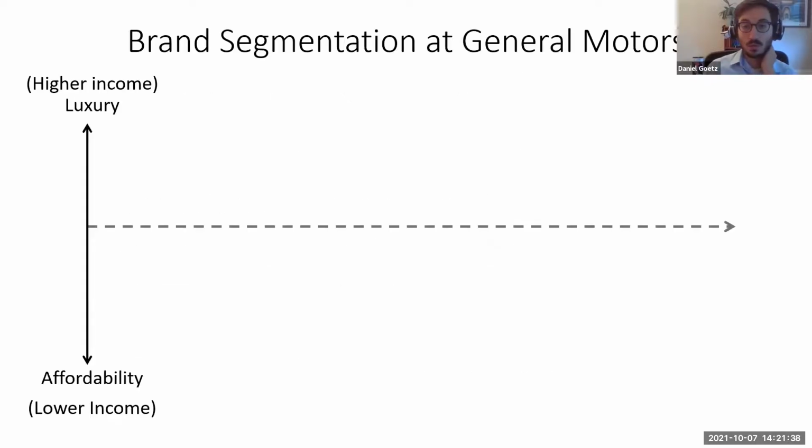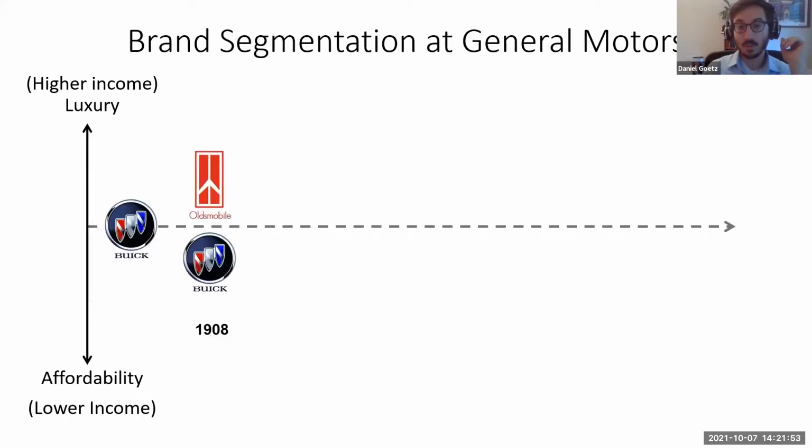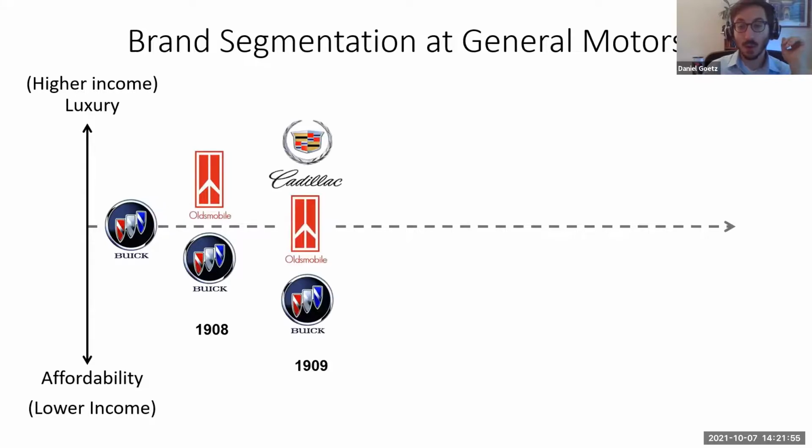So here we have an example of a company, General Motors. They're a car manufacturer like Toyota, and they sell different types of cars, from high income luxury cars down to more affordable cars. But over time, they added more and more brands to their portfolio.